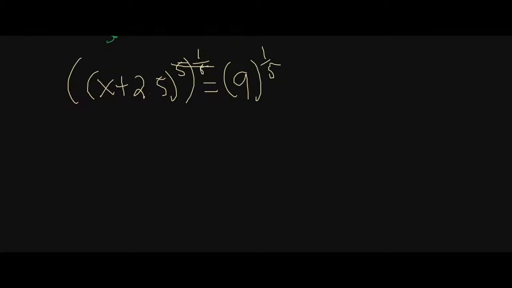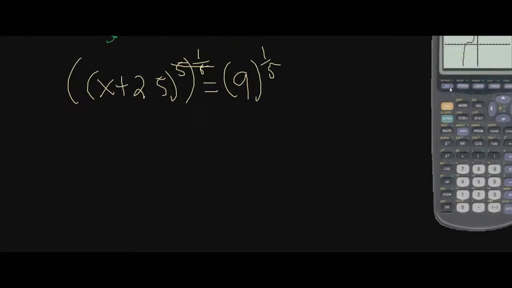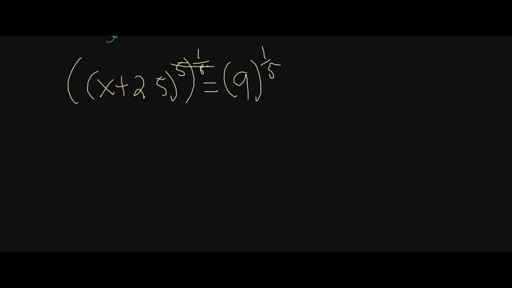I'm going to go to my calculator now and do 9 raised to the parentheses 1 divided by 5. This is the exponent. We get 1.55. So we get x plus 2.5 is equal to 1.55.